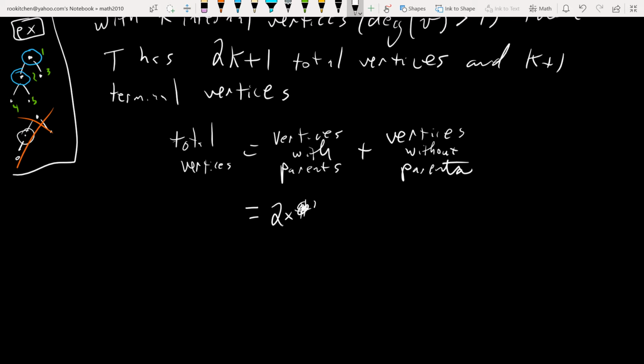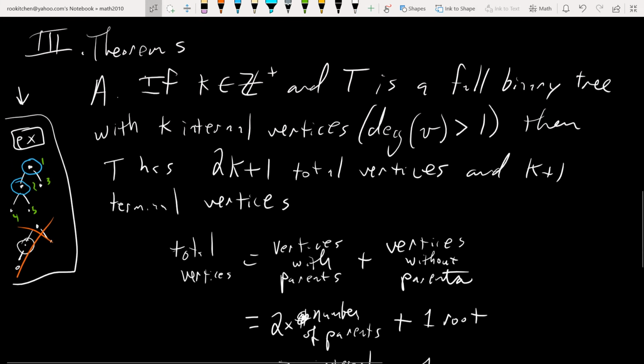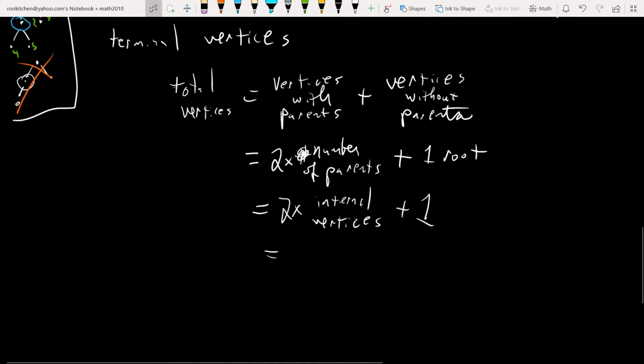And the number of vertices without parents, there's only 1, and that's the root. So you can also think of parents as internal vertices. So this will just be 2 times the number of internal vertices plus the 1 root. And of course, the number of internal vertices in this theorem is given by k. So k internal vertices. So this will be 2k plus 1.